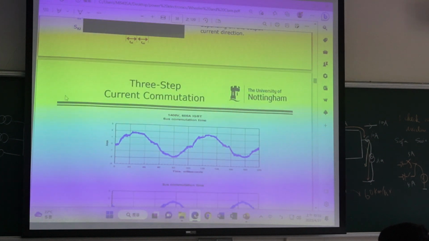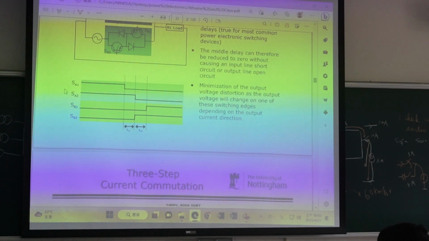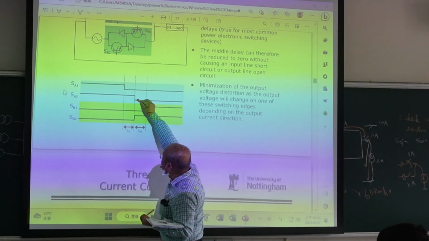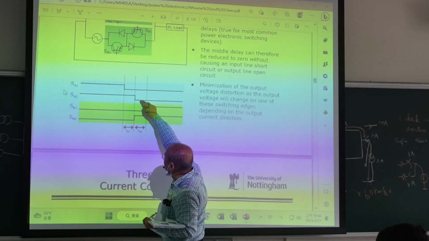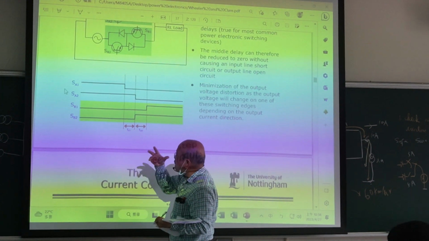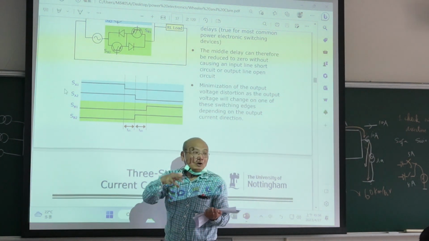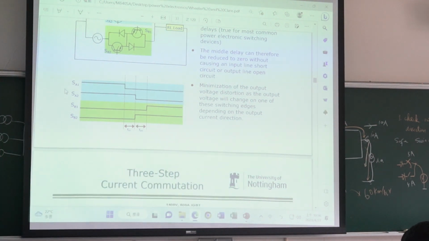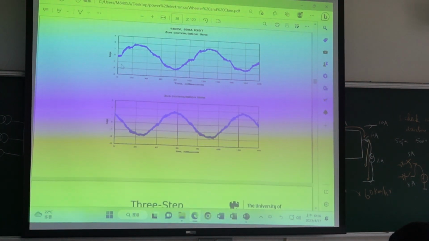And because turn on is quick, turn off is slow, this one will extend. If this one extends, then we can reduce 4 steps into 3 steps, because turn on is faster than turn off. Okay, so we can reduce 4 steps to 3 steps. So we can get 3 steps.